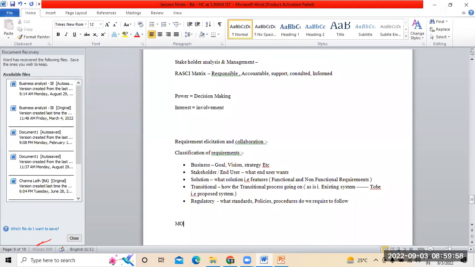This is what we call the MoSCoW technique. MoSCoW stands for must, should, could, and would. This is a prioritization technique. Using it, we conduct the JAD session, the requirements classification, and prioritize and organize the requirements.